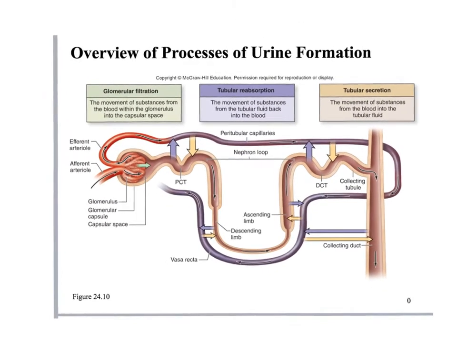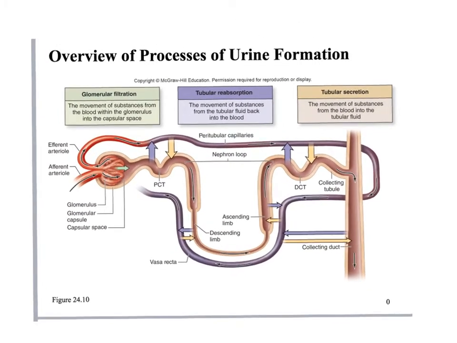So here's where those processes occur, basically. Obviously, glomerular filtration occurs at the glomerulus, and it is dependent upon the pressure of the blood flow coming into the capillaries. That's one way it's regulated.